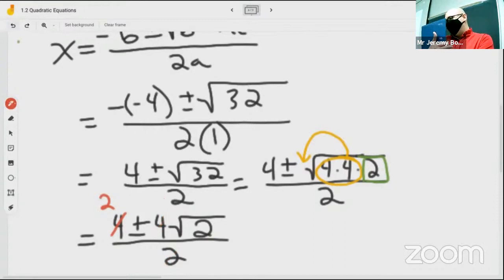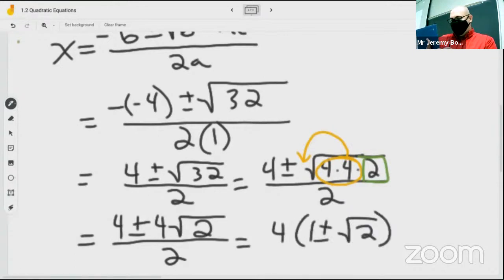And that is to look at the numerator and see if you could factor something out between these two. They both have a 4 in them. I can factor out a 4 times 1 plus or minus the square root of 2. And then now we can reduce this and this. You can think of it that way or the other way I showed you.